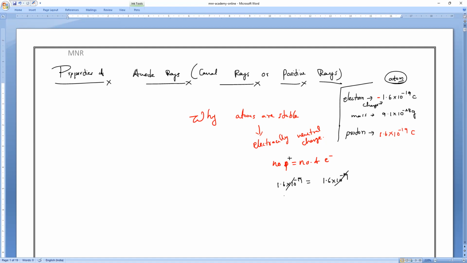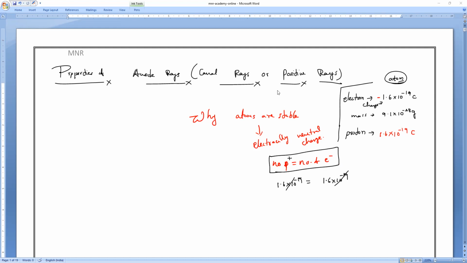So the number of protons is equal to the number of electrons, and the charge is balanced. That is the reason atoms are electrically stable and neutral in nature. They do not have any charge. I hope you all understand, everybody.